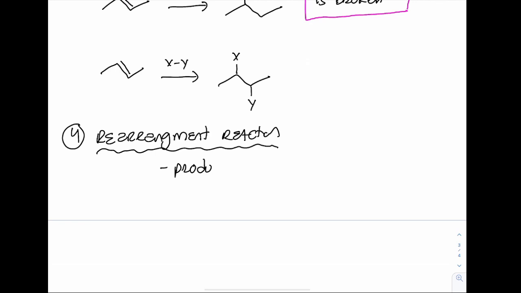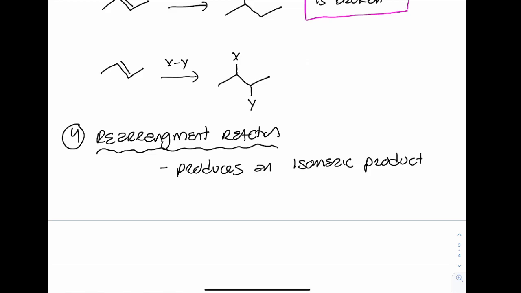So our product is an isomer of our reactant. Produces an isomeric. And actually, as I'm writing this, we do see one example of this semester.